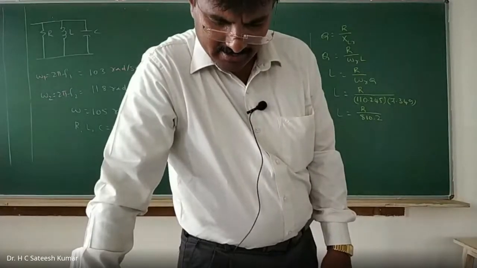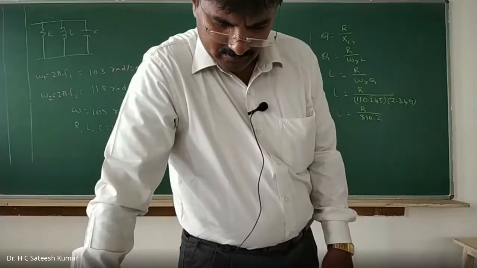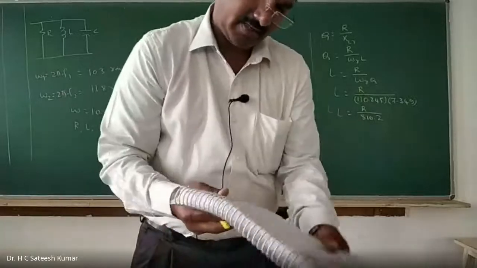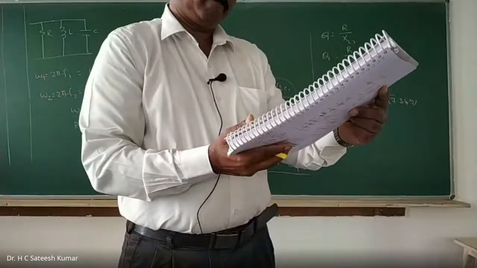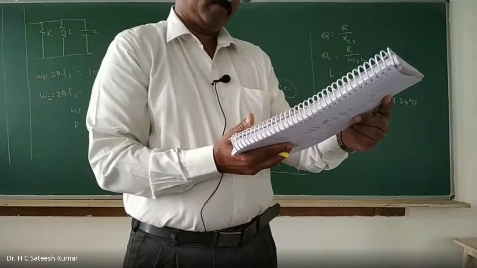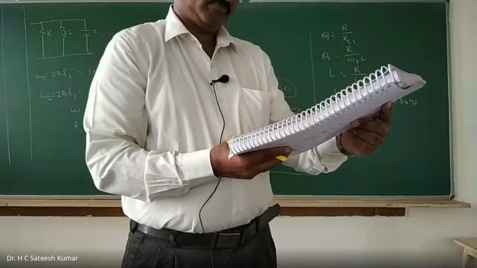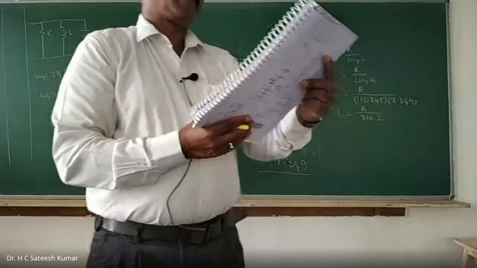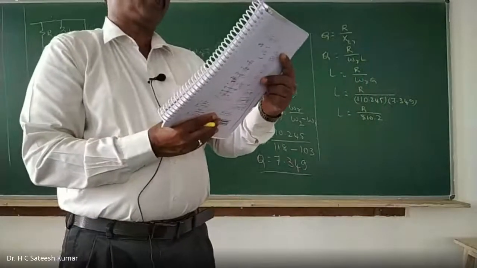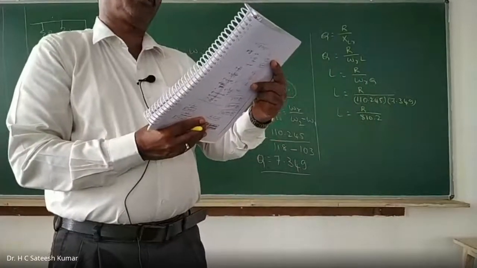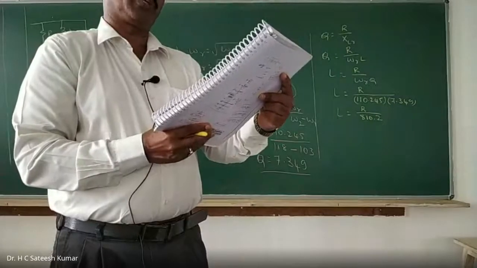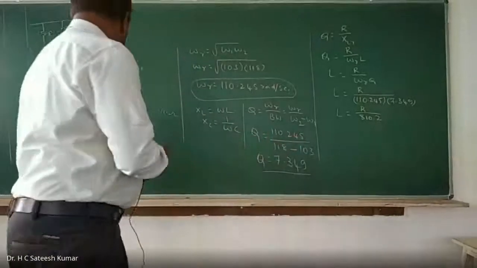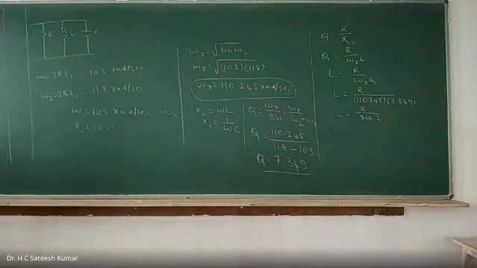One more data is given. The data is something like this: the magnitude of the impedance at 105 radians per second. That is not a resonant frequency. Find R, L, and C, it is said.